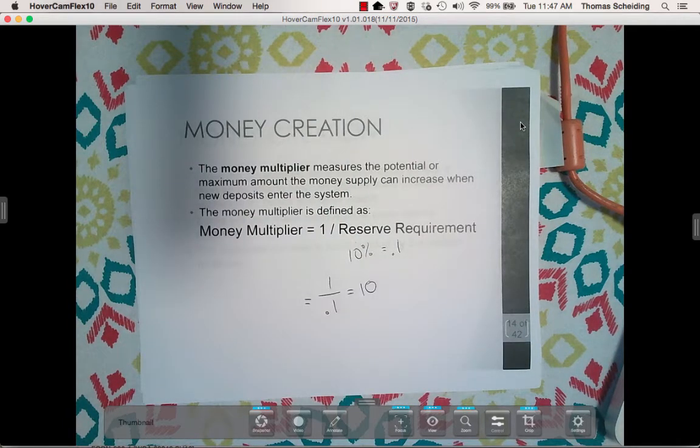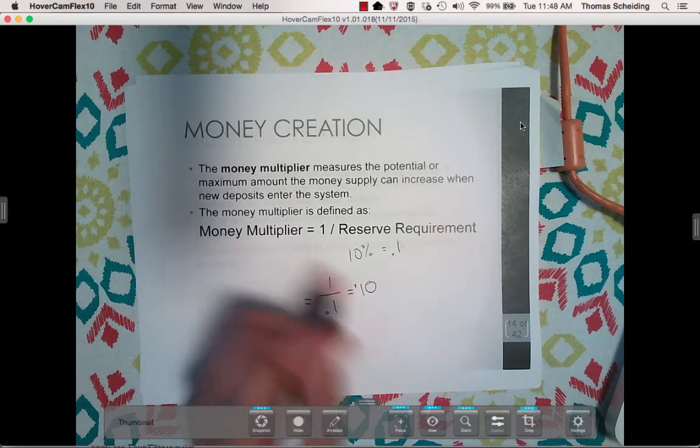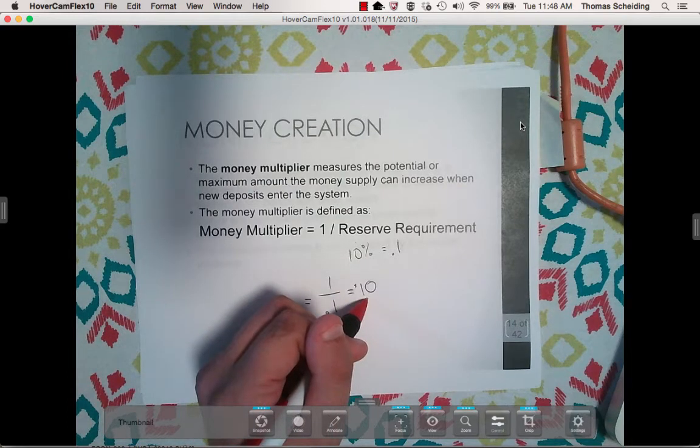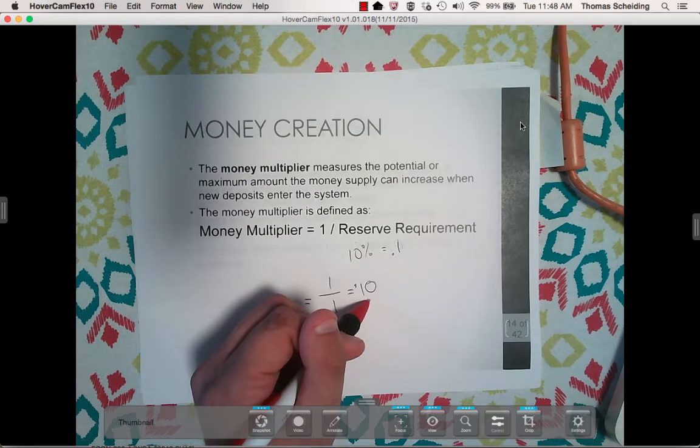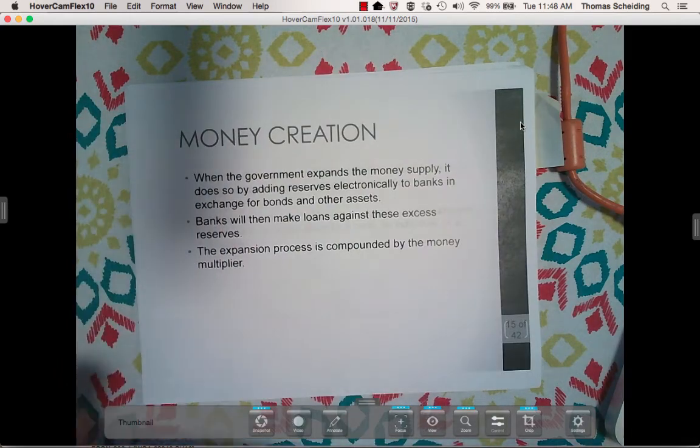Meaning that if I have a 10% required reserve ratio, then for every dollar that the Federal Reserve creates, the money supply increases by a factor of 10. So basically, the central bank only has to do 1/10 of the work, right? Of this $10 that's being created, being multiplied, $1 came from the Federal Reserve initially printing the cash. The other 9, I'm sorry, would come from the fractional reserve banking system.